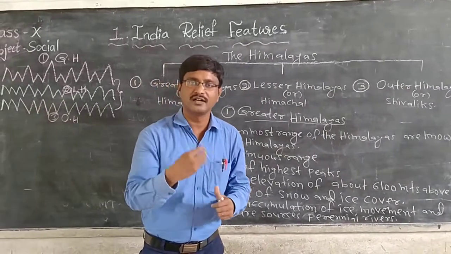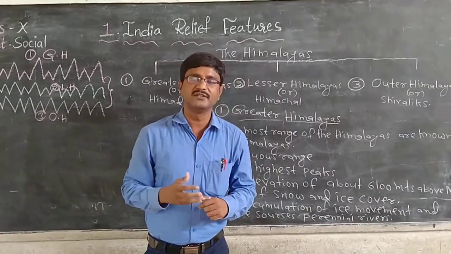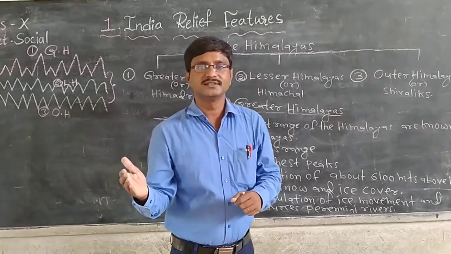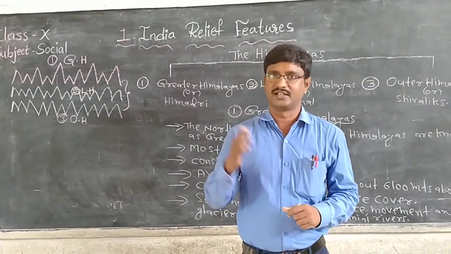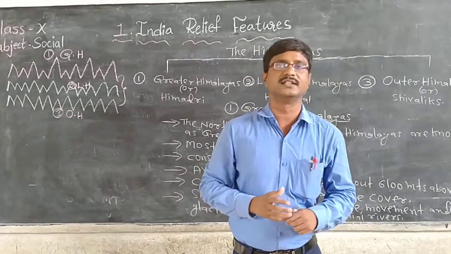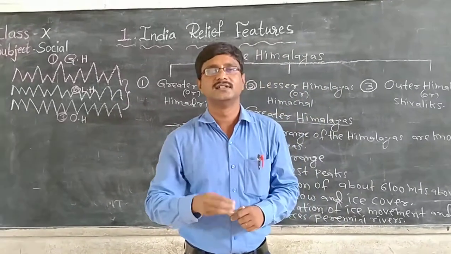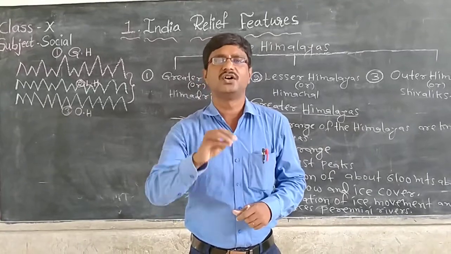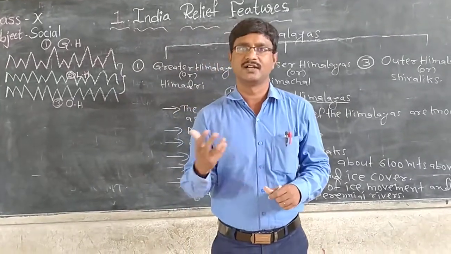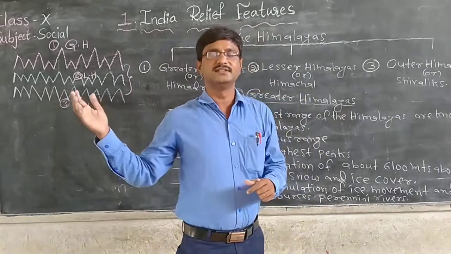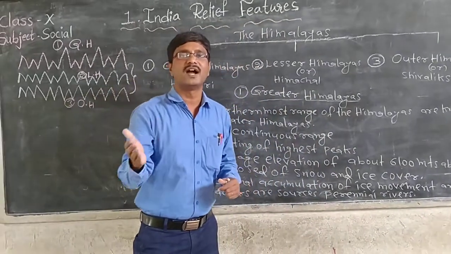Do you know what are called perennial rivers? Perennial rivers are the rivers which flow throughout the year. All the Himalayan rivers are perennial rivers. What is the reason? Because this region is composed of snow and ice.